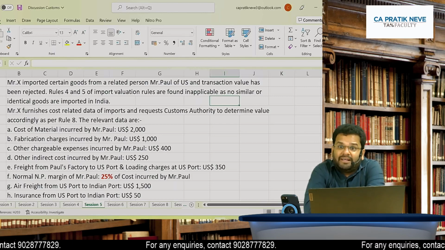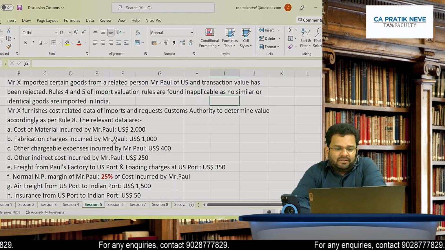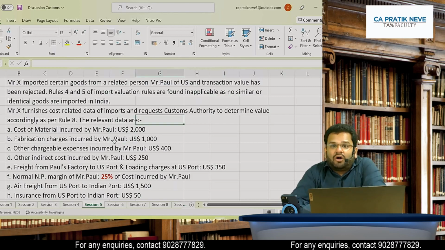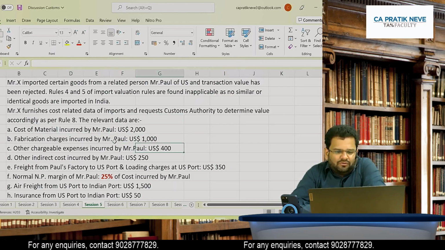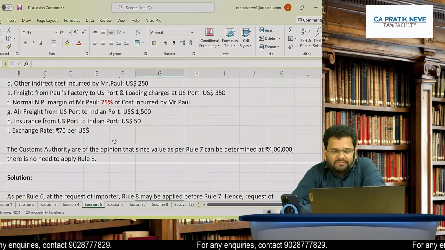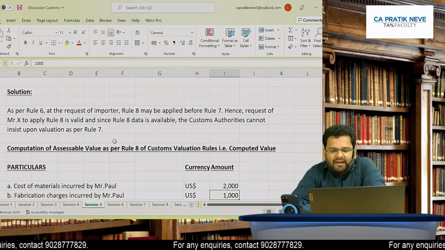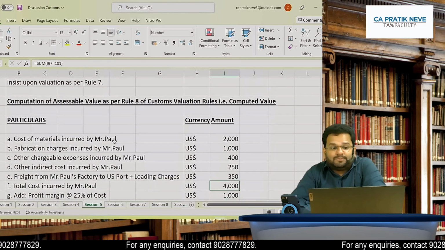Who is Paul? Exporter. So what you did is, you add every cost of the exporter: 2000, 1000, 400. When you add every cost of the exporter, you will get the exporter's total cost.